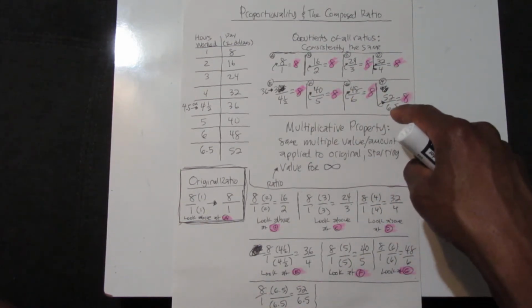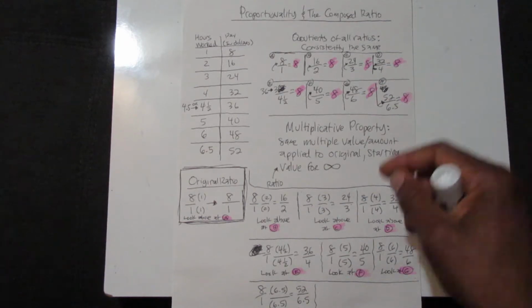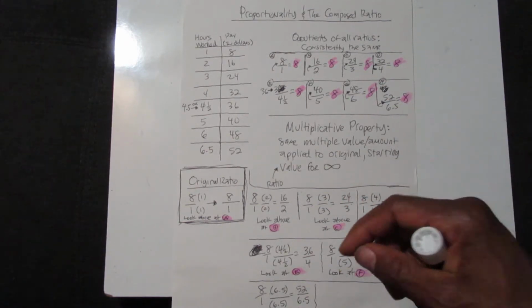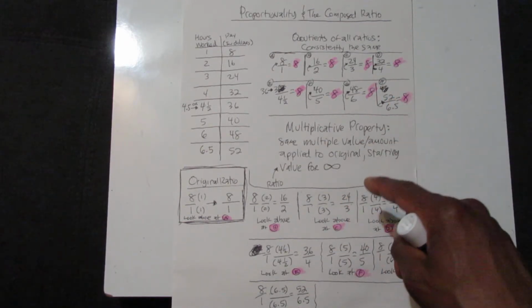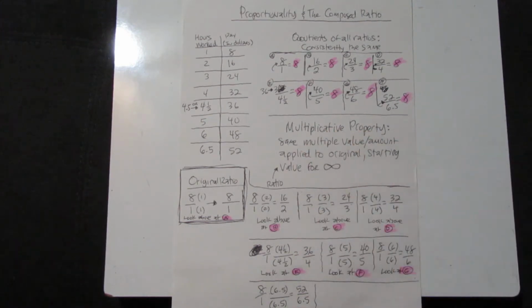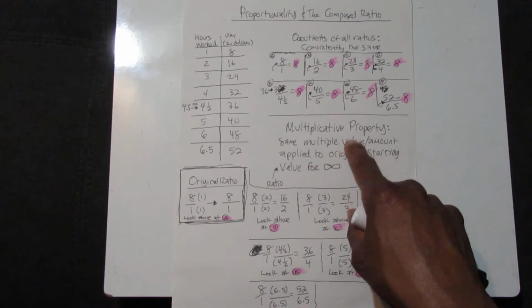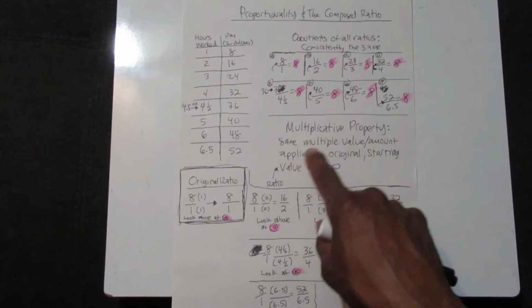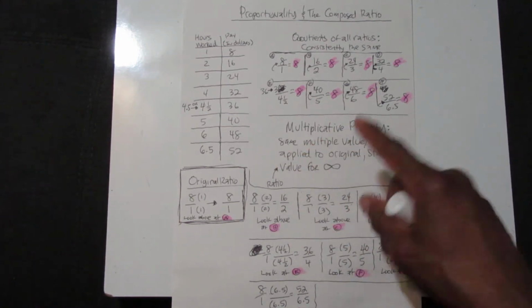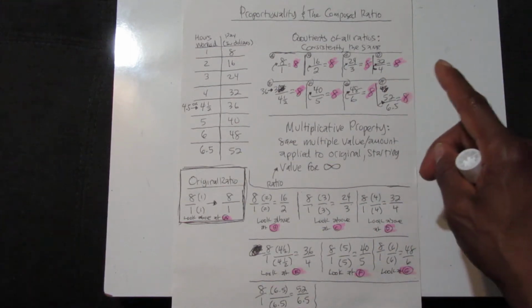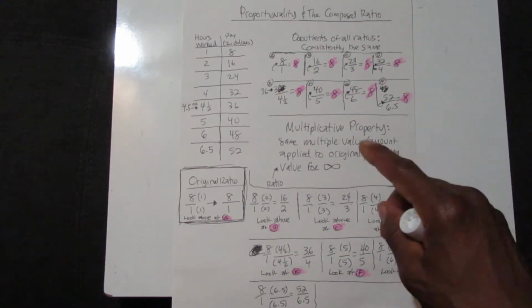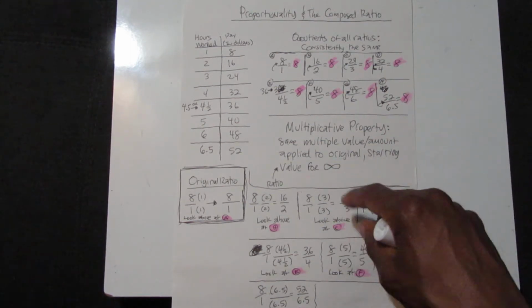So what we notice here is that the quotient is consistently 8. That's a proportional relationship. Now another way you can look at this, and I think it'll also help you understand this idea better, is the idea of the multiplicative property. So another way to find out if it's proportional or not is to see if they're applying the same multiple value or amount to the original starting value. So let's go over here.